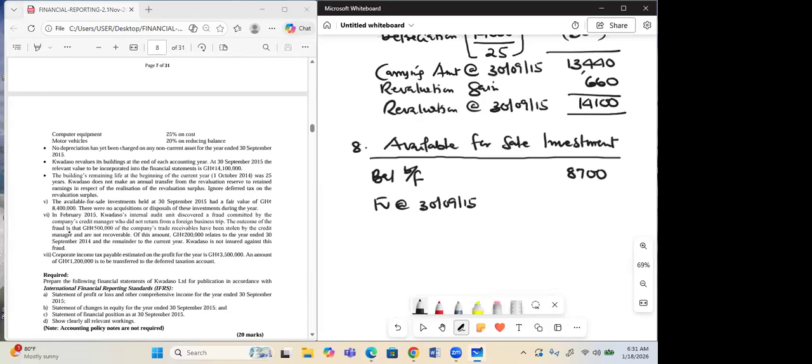So if I compare this 8,700 to 8,400, clearly there has been a fair value loss, right? But this loss will be charged to OCI of how much? 300. Is that clear? 300.